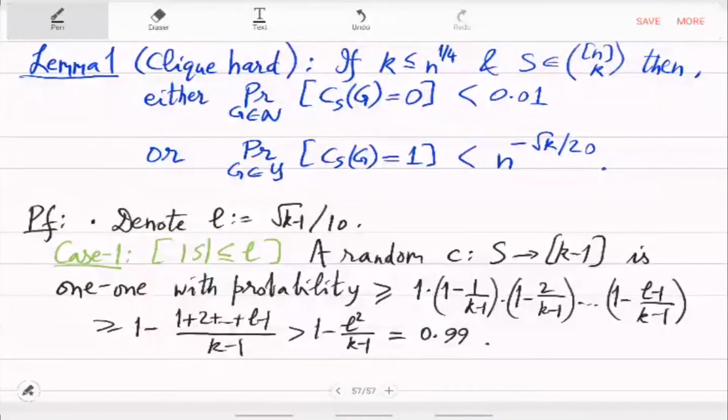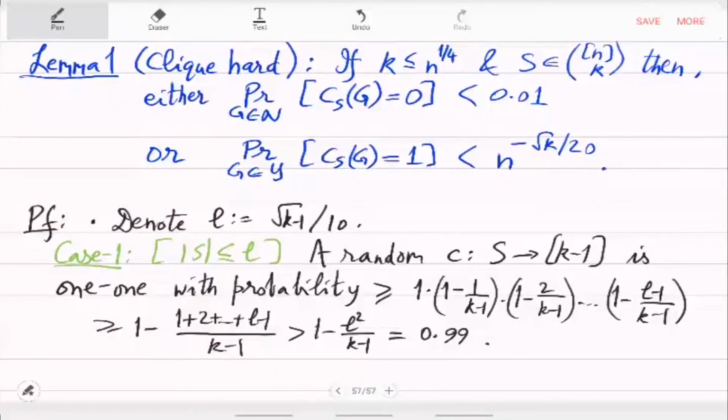Almost always your random labeling will keep the labels of S distinct, which means that in the k minus 1 partite graph, you will see a clique on S, right? So your answer will be 1, but there was actually no k clique. So for 99% of the cases, your answer is incorrect.